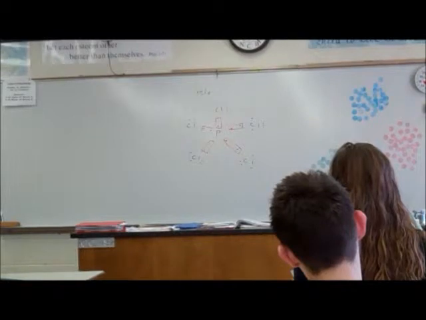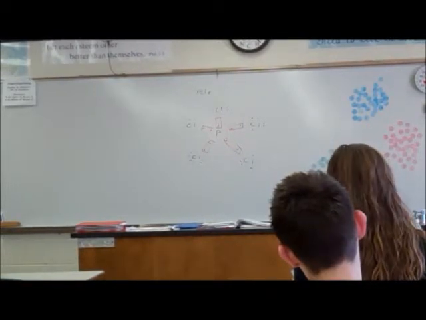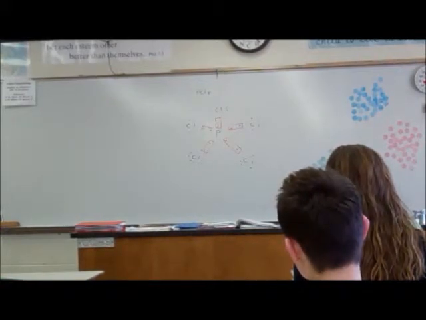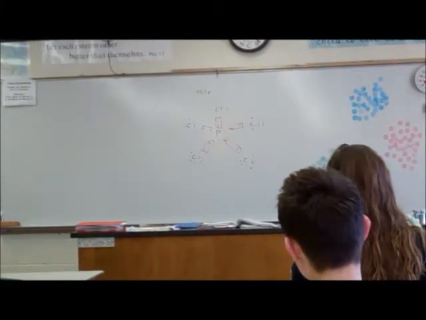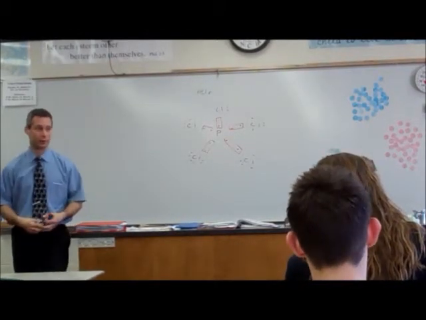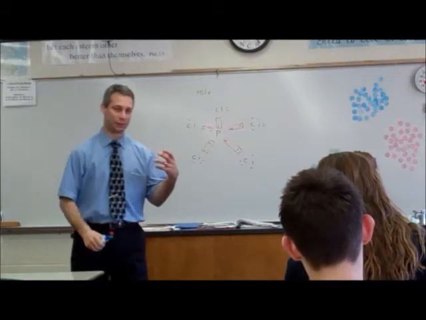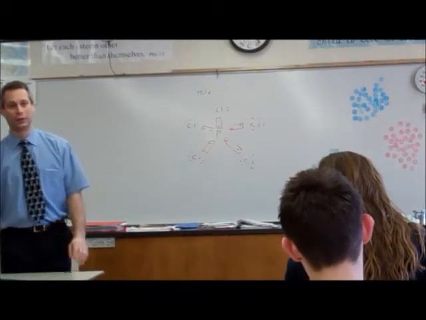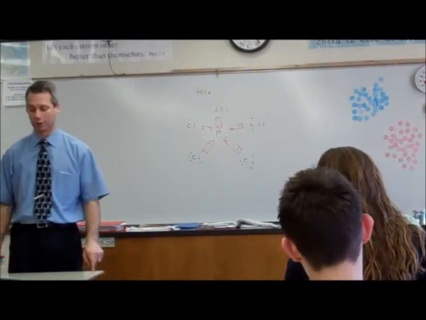But the problem is phosphorus gets 10, right? And there's no way around it if you're going to make all the bonds. This is one of the exceptions to the rule. Generally, all the elements get 8 valence. In this case, phosphorus ends up with 10.